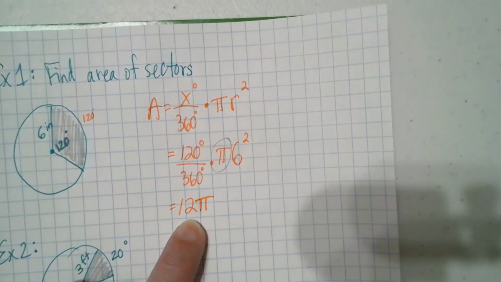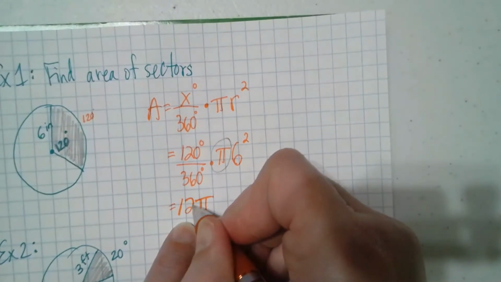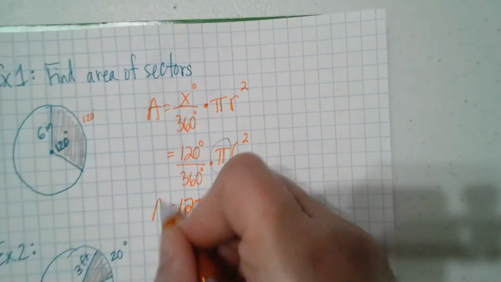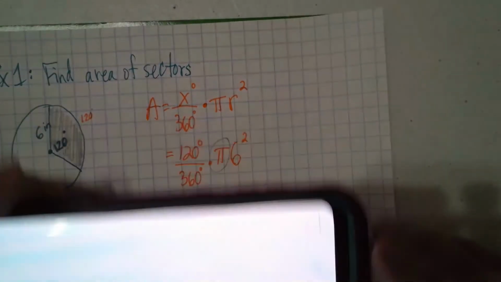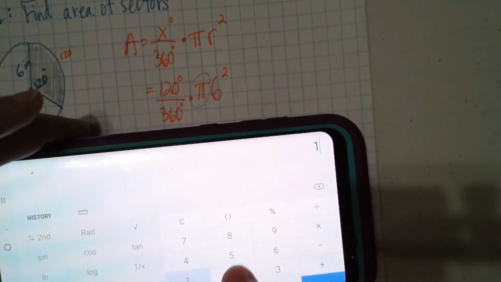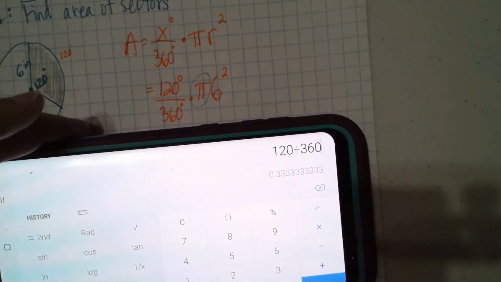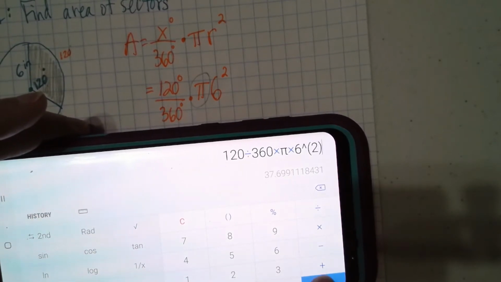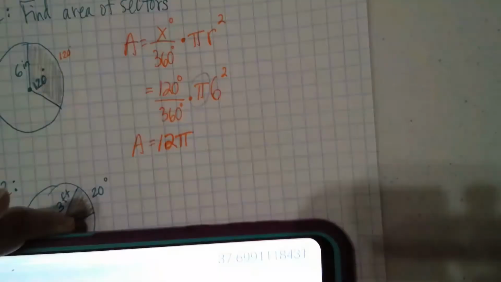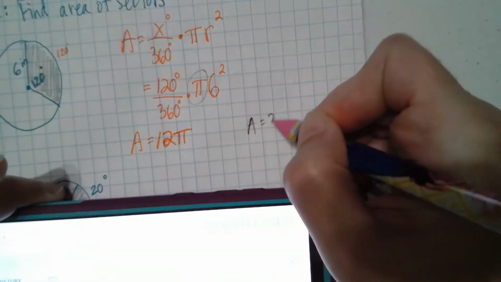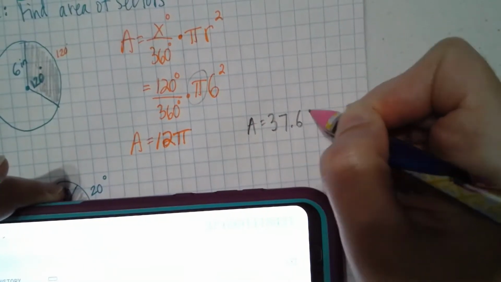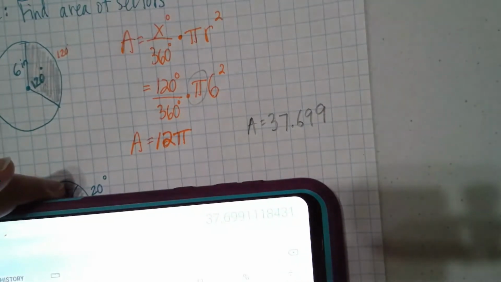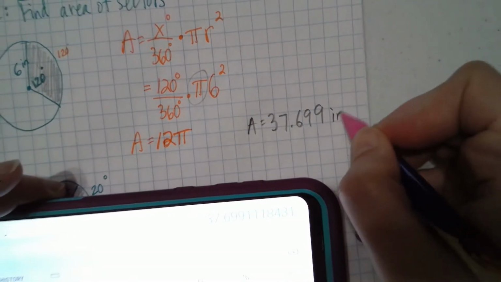Okay? So if I had just typed the whole thing like it showed up, I'm just going to show you this one time. 120 divided by 360 times pi times radius squared. It gives me 37.699 inches squared.